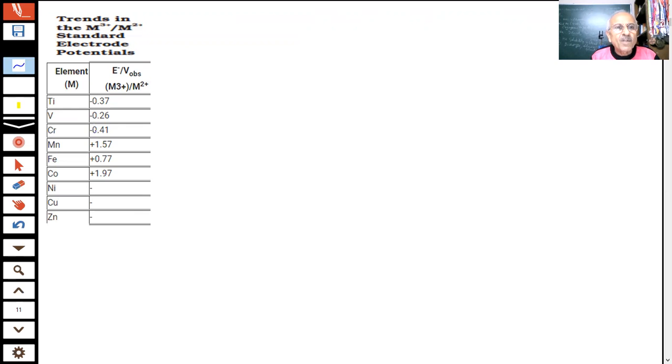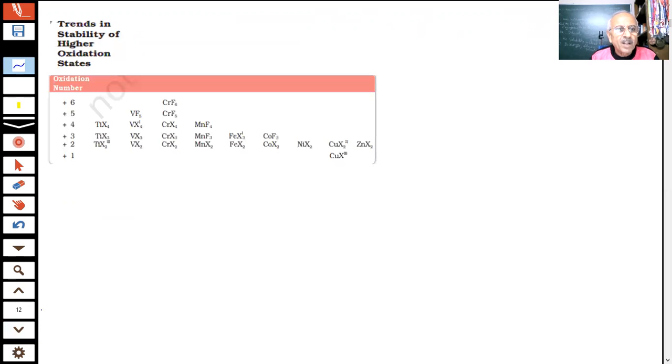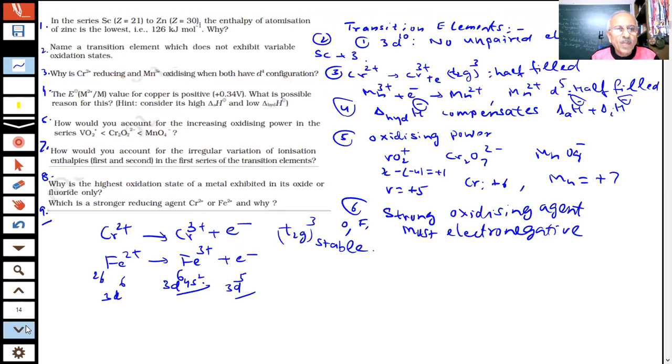So 2+ to 3+ will become minus 0.77 for iron, and for chromium it will become plus. What we are talking about is the reducing agent, meaning it undergoes oxidation. So chromium is stronger. The only answer I can give is this one.